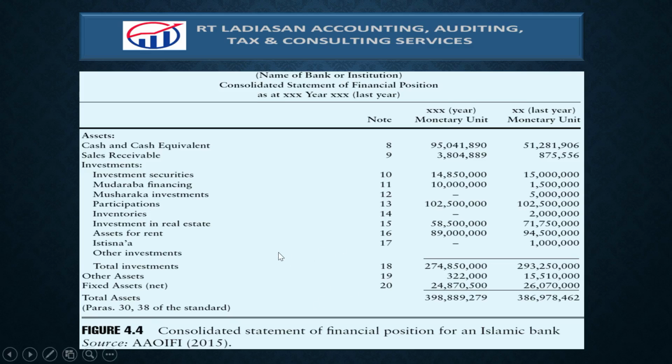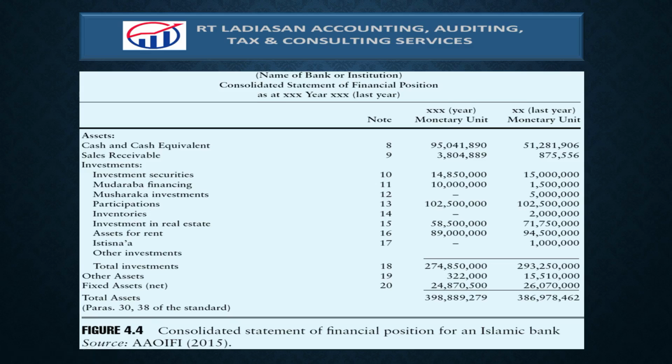Another thing I want to share is the presentation of this balance sheet insofar as investments are concerned. You can see here that investments are combined: the investment securities, then the financing assets, the Islamic financing assets.